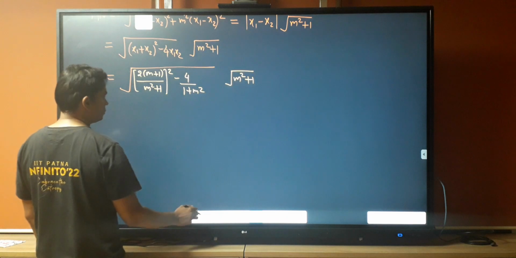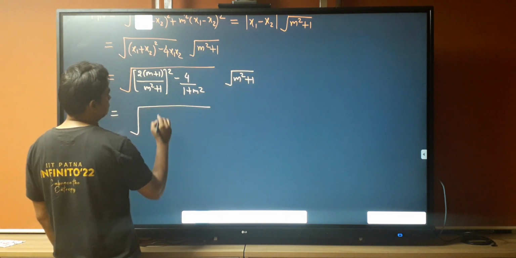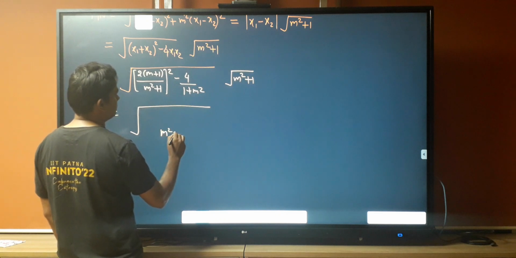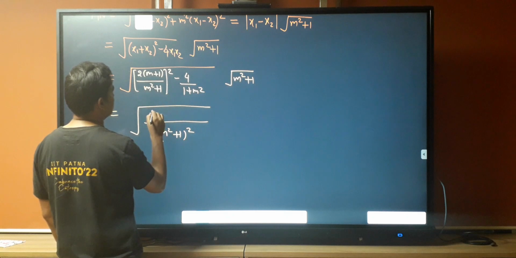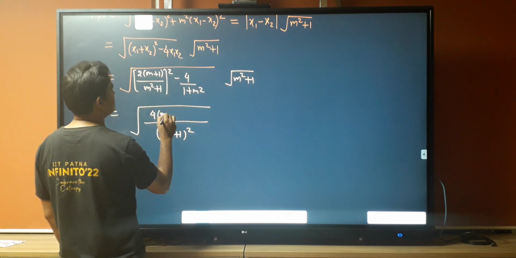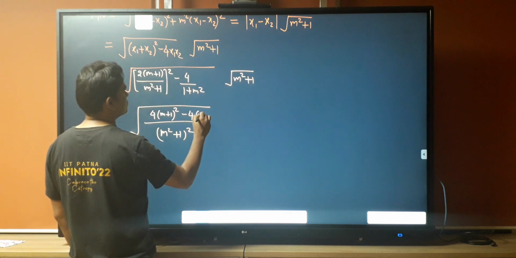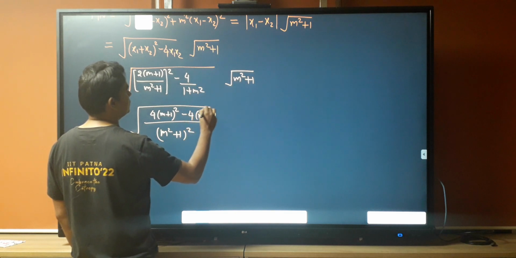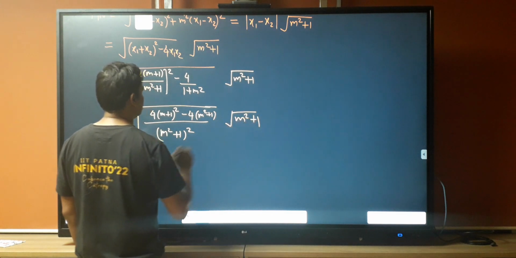Now I can write like this: m square plus 1 whole square, and this will be 4 times (m plus 1) whole square minus 4 times (m square plus 1), times root under m square plus 1.